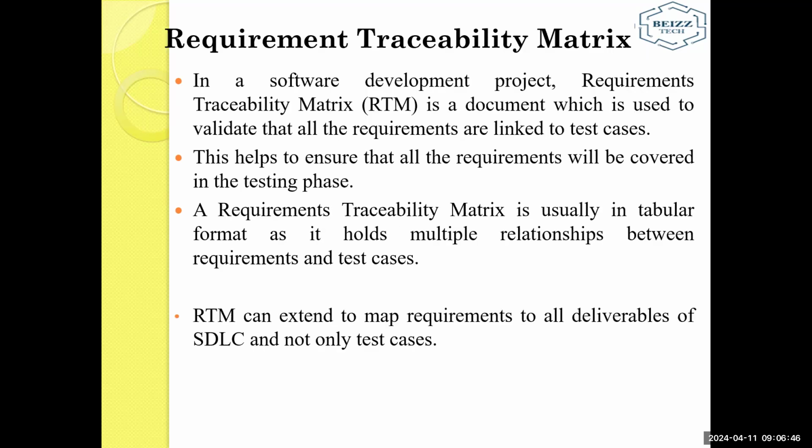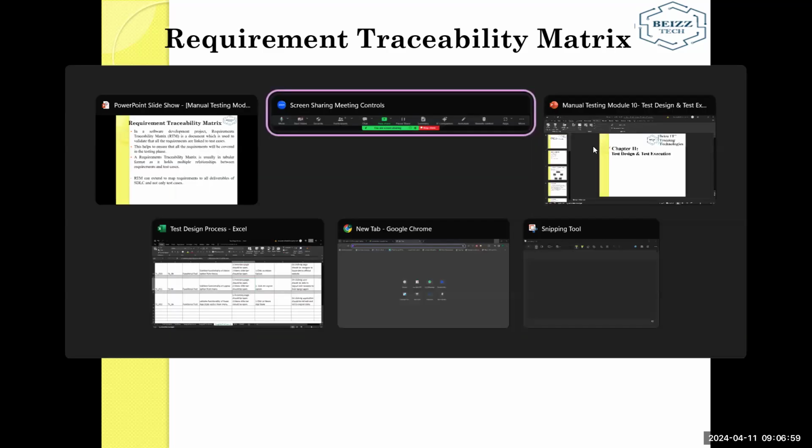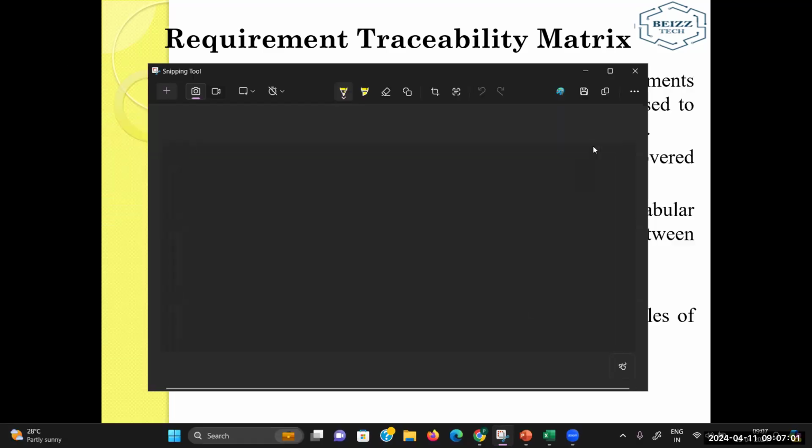Today the topic is RTM. It's a very general topic, very important and easy too. RTM is again a document, guys, the requirement traceability matrix. Generally this document is applicable for a complete development cycle. It's not that only a tester can design and develop this RTM. No, not at all.